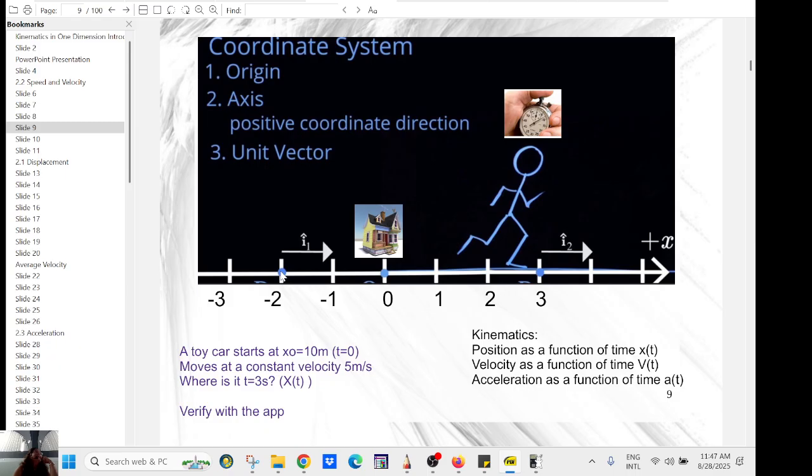Or 5 to the left. If you go from 3, you go there and you come back, what's your displacement? 0. But what's going to be your distance if you go from 3 to -2 back to 3? Yes, 10. 5 and 5 is 10.